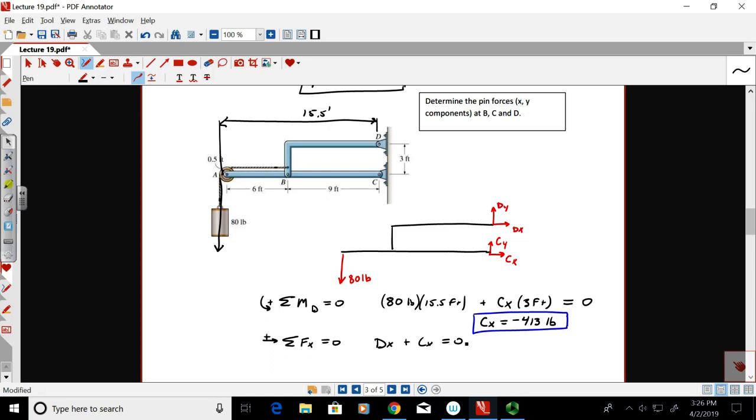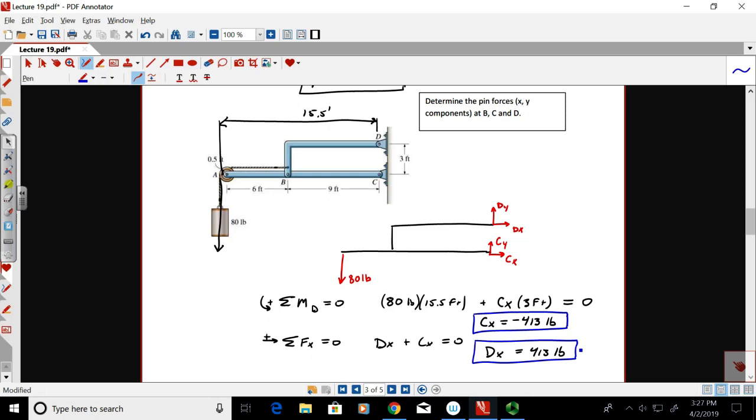No, right? So therefore, DX is equal to 413 pounds. I drew DX correctly. Good. Can I solve for CY or DY? Not really. I don't see a way I can solve for CY or DY.